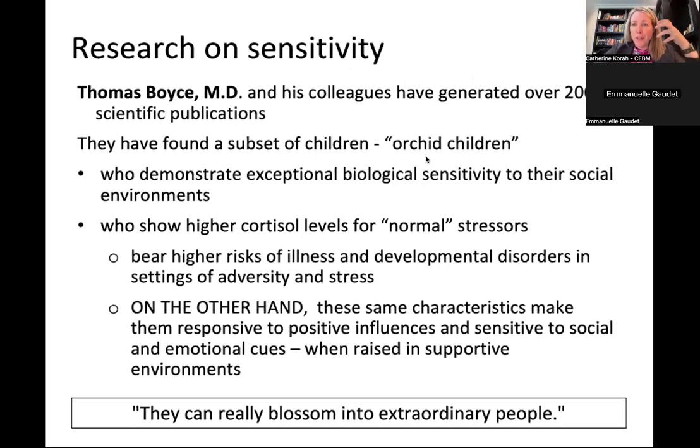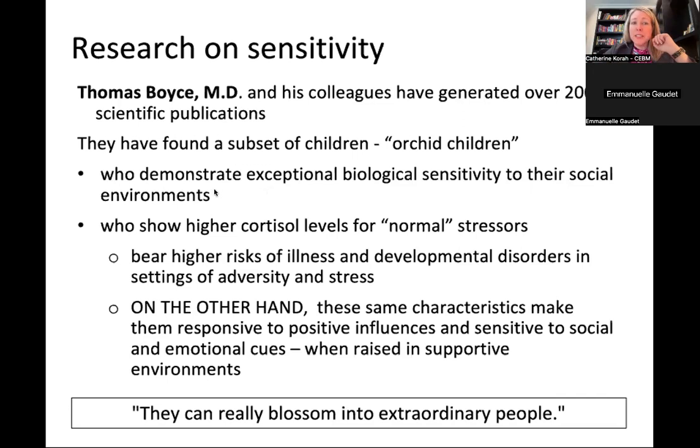For those who are familiar with plants, the orchid is actually a very sensitive plant and requires the perfect right conditions in order for it to bloom the first time and to bloom again and again. And so that's why he used the analogy of the orchid.